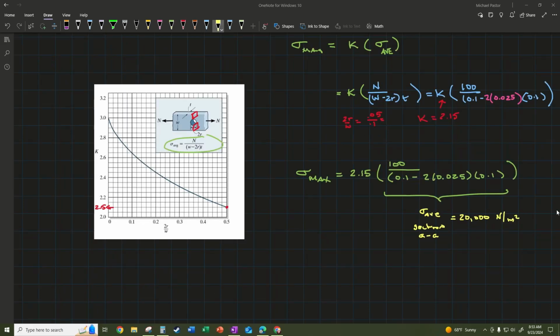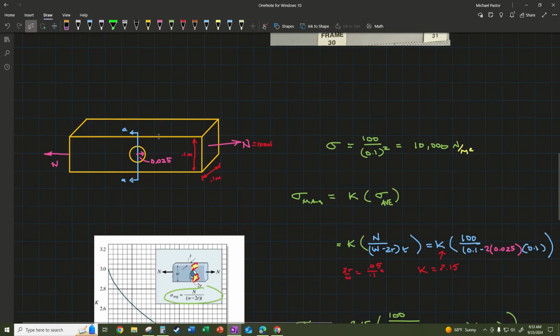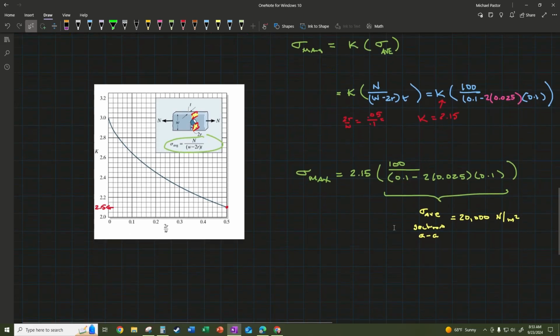So in this reduced cross-section, the cross-section that I have outlined in red here, our average stress goes up by a factor of 2 essentially from our normal stress in the 0.1 by 0.1 cross section of 10,000 above, which we would expect because it is a reduced amount of material.